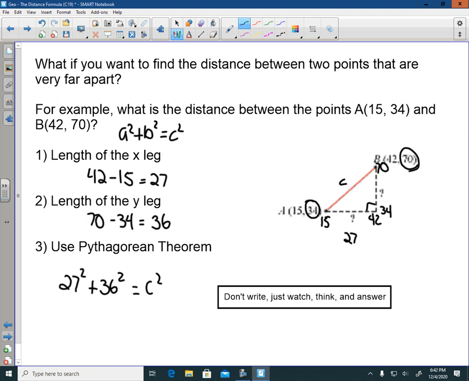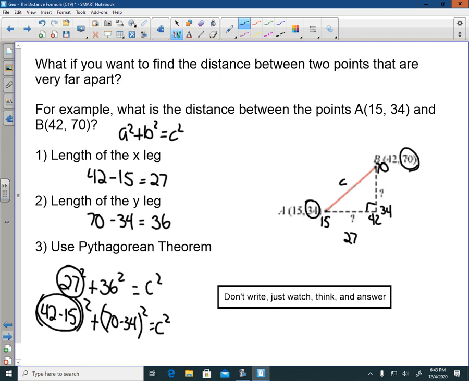What I'm going to do instead is rewrite this 27 as 42 minus 15, that's the same value, squared, plus 70 minus 34 squared is going to give us C squared. Now the reason why I did that is because we're getting close to seeing how the distance formula works. Just kind of want you to hold on to that idea, that in order to find these numbers, we had to subtract these numbers.